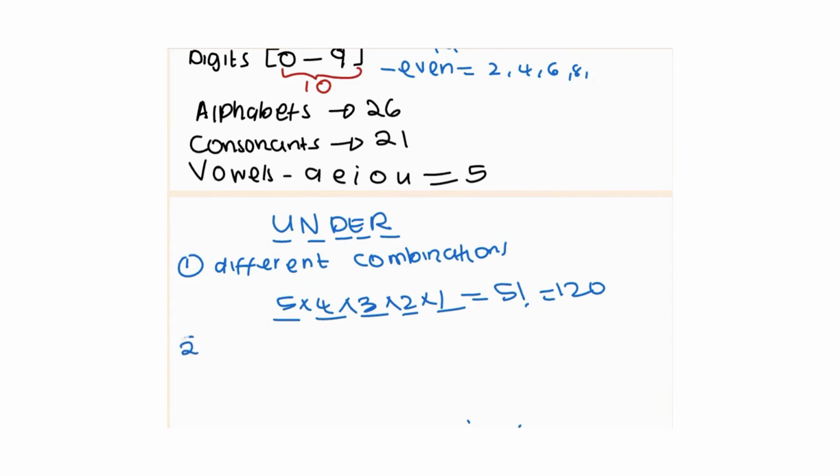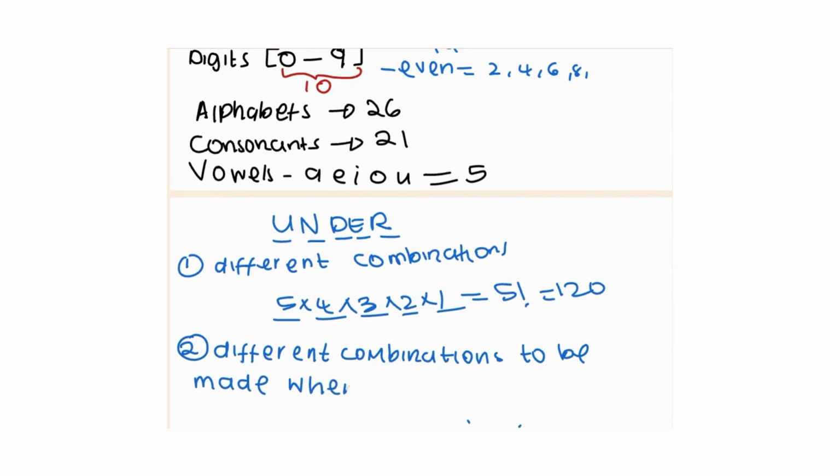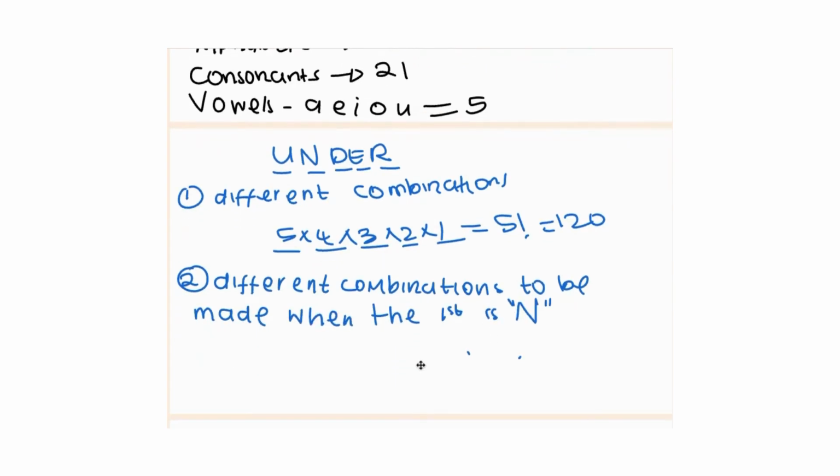But now I'm going to bring in some conditions. We are still considering the word under. I want the different combinations that can be made when the first letter is N. So now we must start with N. Guys, please, this is how you will approach these questions.